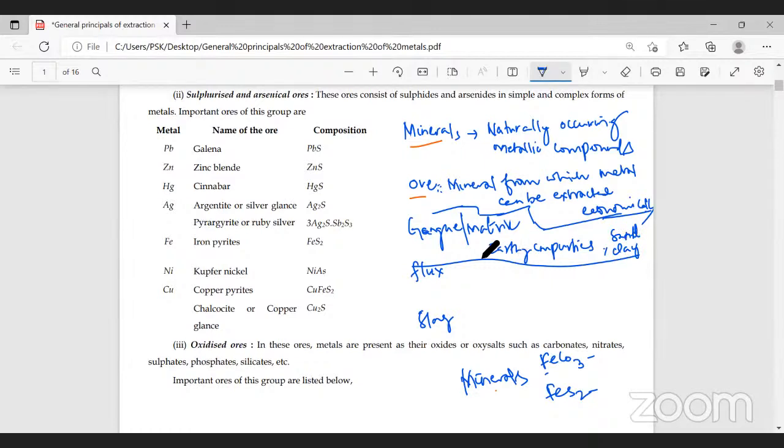All these are called earthy impurities. So this gangue is otherwise called matrix. Earthy impurities are called gangue particles. Sand, clay, all these are examples for gangue particles.